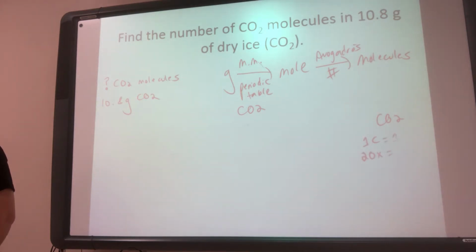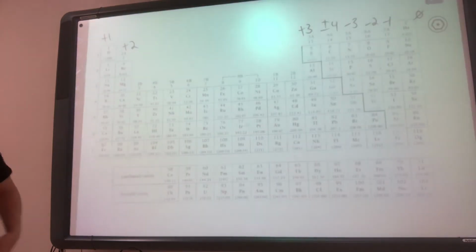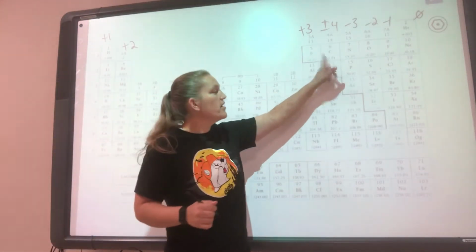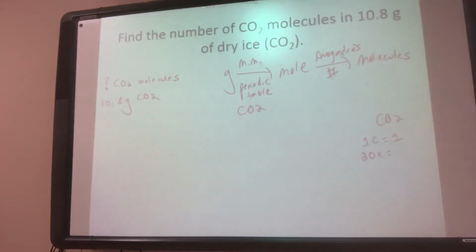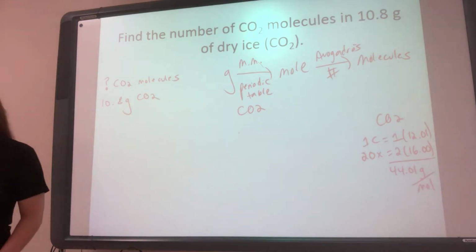Okay, so the mass of carbon is 12.01 and the mass of oxygen is 16. So this is going to be 12.01, 2 times 16. I add that up and I'm going to get 44.01 grams per mole. Okay, so that is my molecular weight.